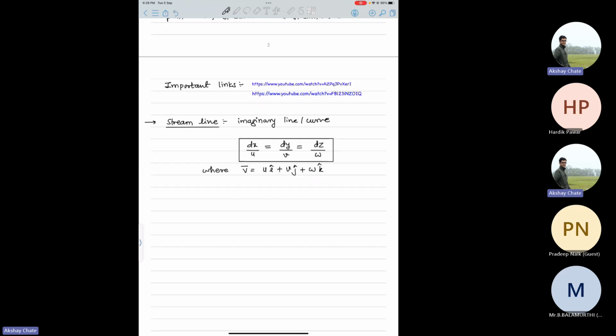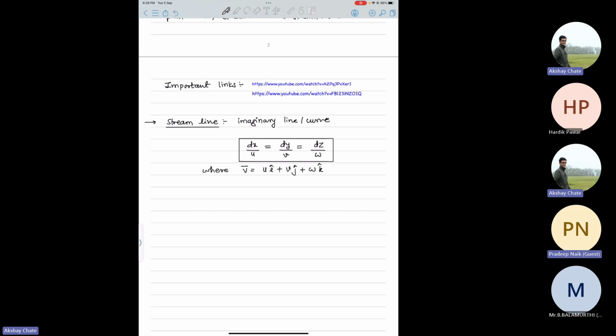Typically, some people remember this as dy by dx is equal to v by u, but after some time you will forget and then it causes confusion.